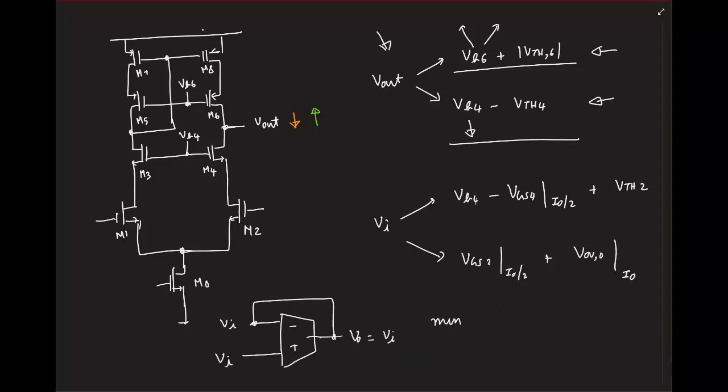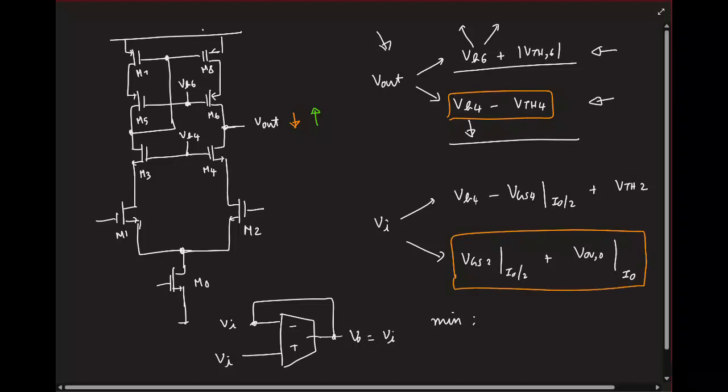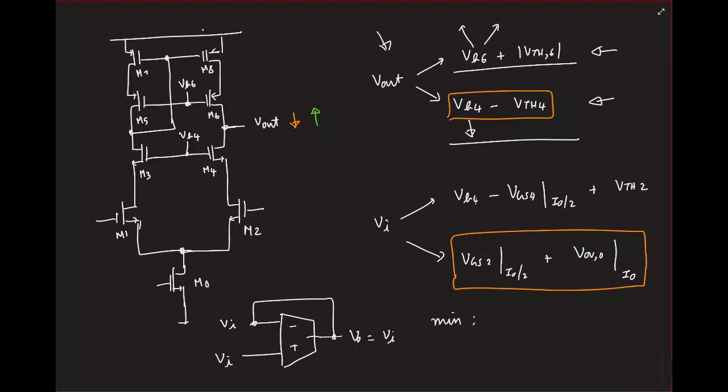That will be the maximum of the two minima. So let's look at the minima here. This is one and this is second. Which of these two do you think will be higher? Just your plain intuition. Let me ask you this question.